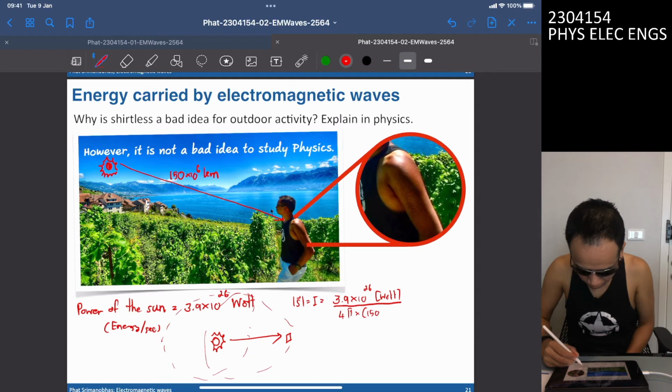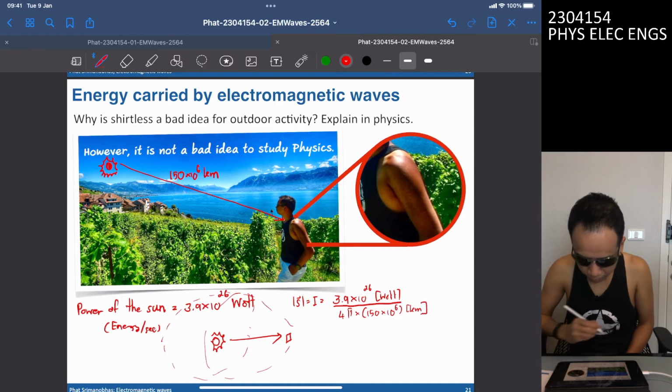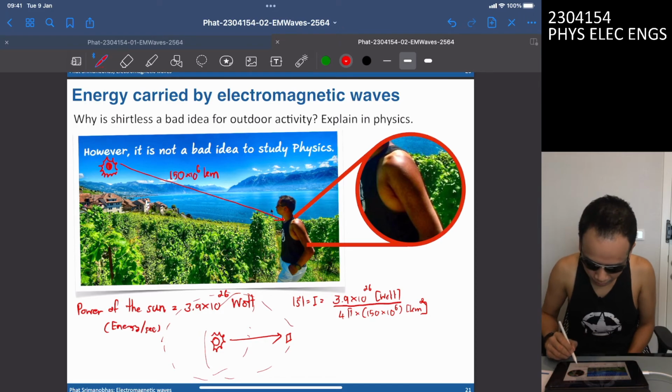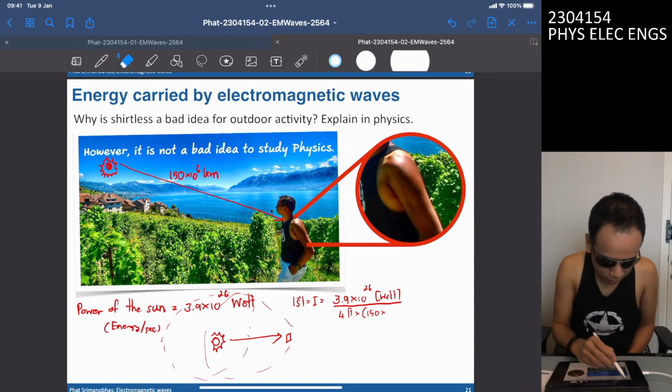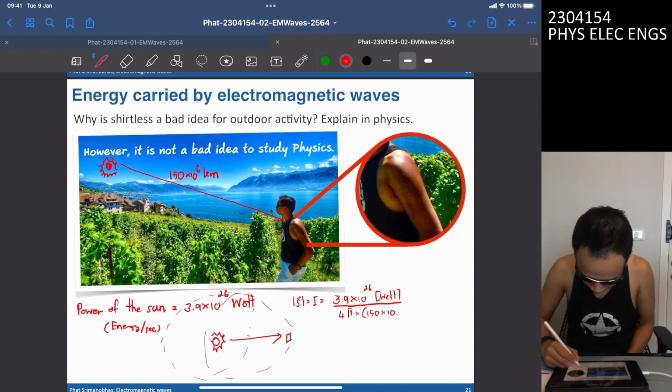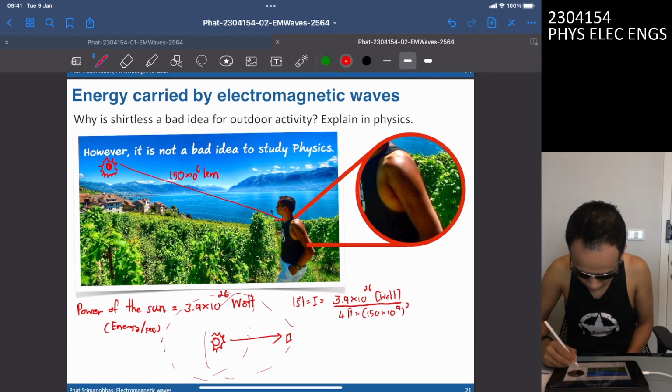So r is 150 million kilometers, squared. Oh, sorry, I should convert the kilometers. 10 to the 6 for million, and 10 to the 3 for kilo, so it's 10 to the 9 meters.